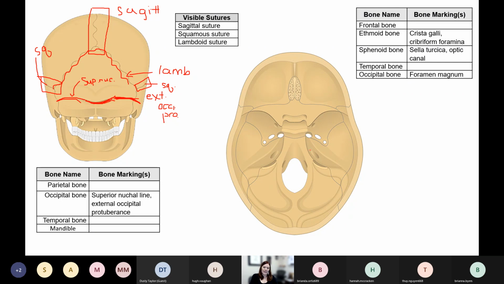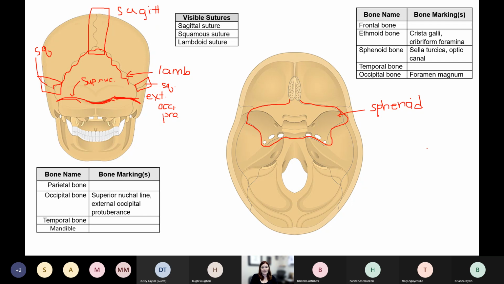When we look inside the skull, let me introduce you to one of the bones we haven't seen very much of yet. This one, that looks kind of like a bat or a butterfly, is the sphenoid bone. We can really see it best from this angle.